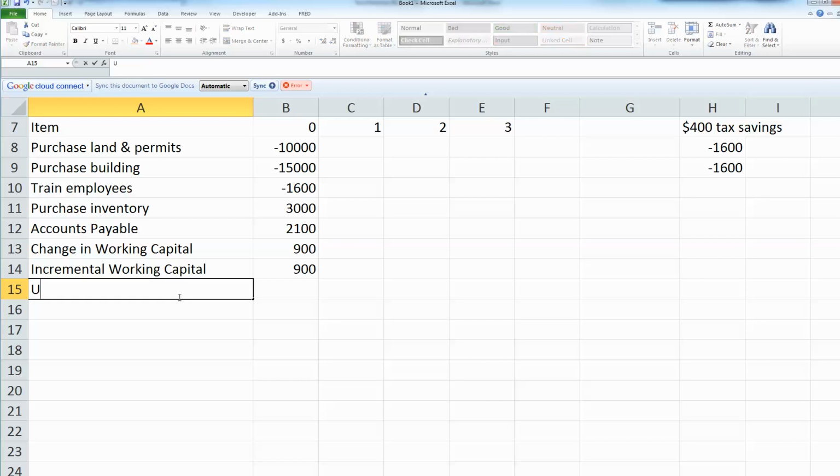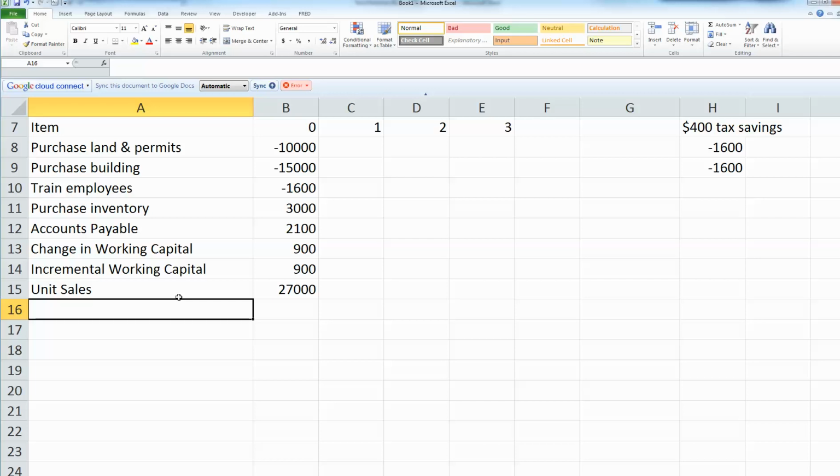So I'm going to just add an item here, unit sales, and it's 75 units a day. So I'm going to go 75 times 365. Or no, it says the espresso stand will be open 360 days a year. So 75 units a day times 360. I expect to sell 27,000 units that first year.